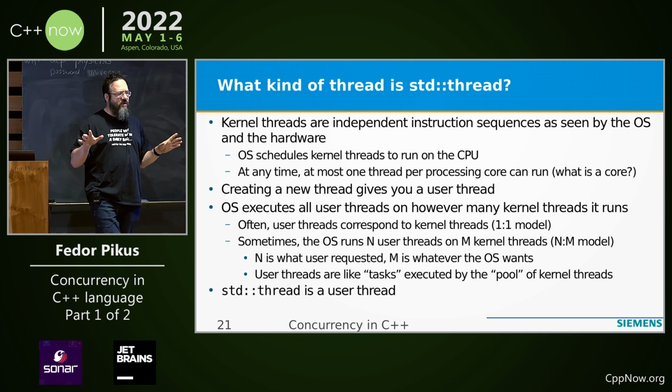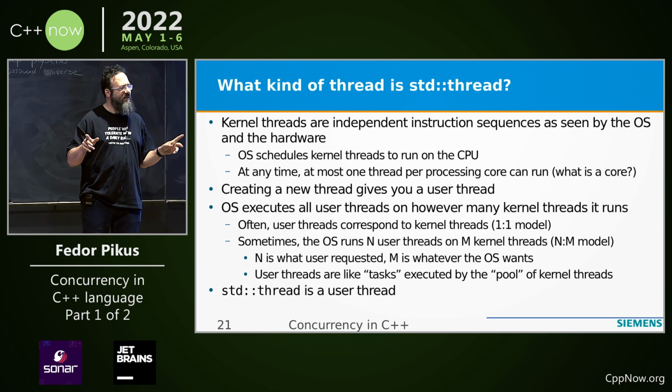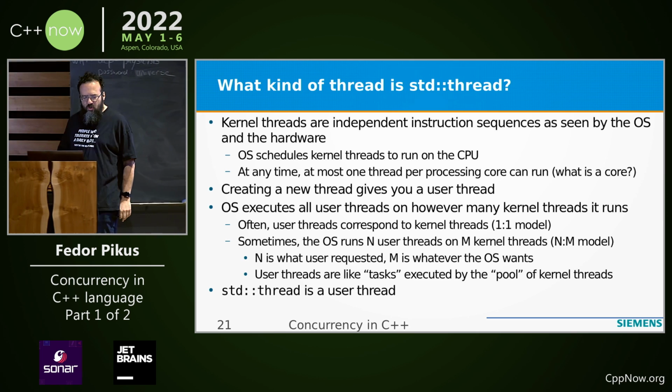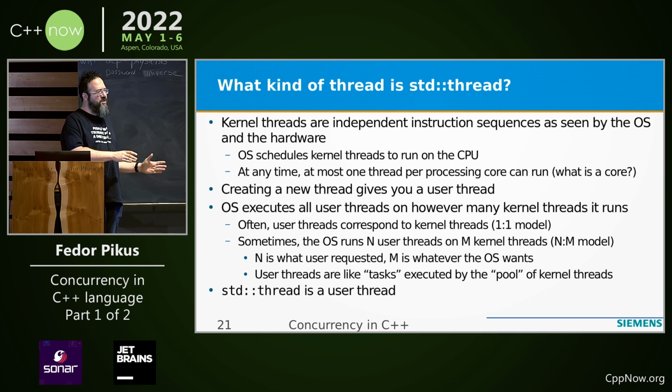Okay, has anybody worked on a system that had a different one, that had more user threads than kernel threads? No? Solaris? Anyone? AIX? Okay, so there are operating systems that have what's called the M:N model, where you can have N user threads that are mapped to M kernel threads.